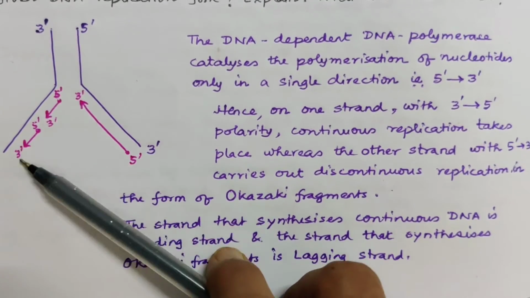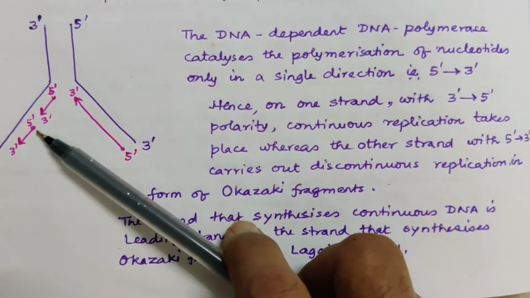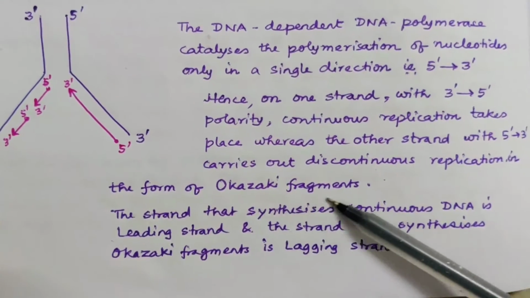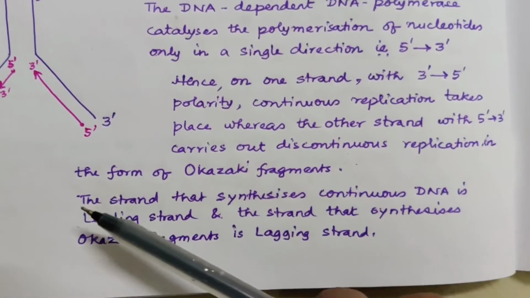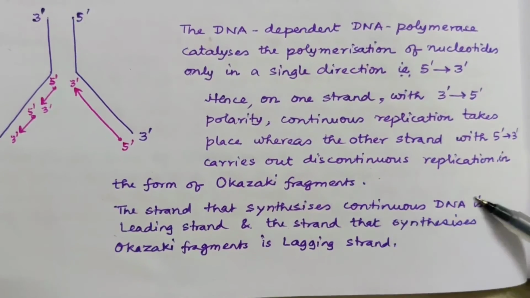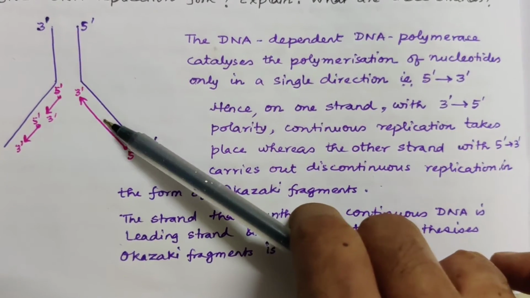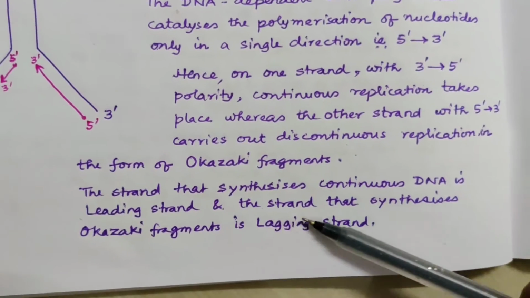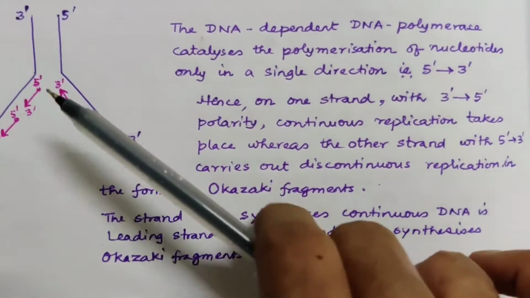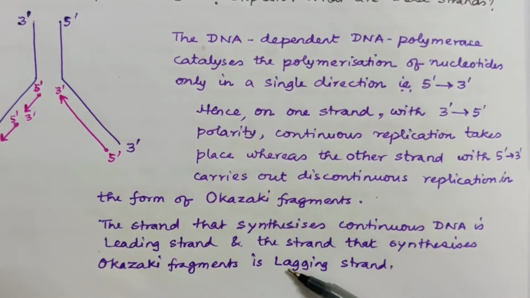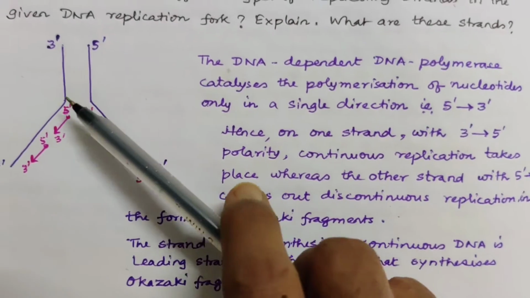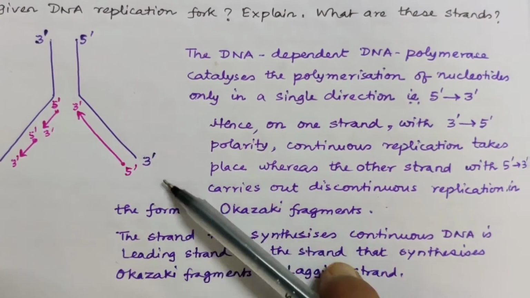These discontinuous units are known as Okazaki fragments. The strand that synthesizes continuous DNA is the leading strand, and the strand that synthesizes discontinuous DNA is known as lagging strand. This one is a lagging strand and this is a leading strand.